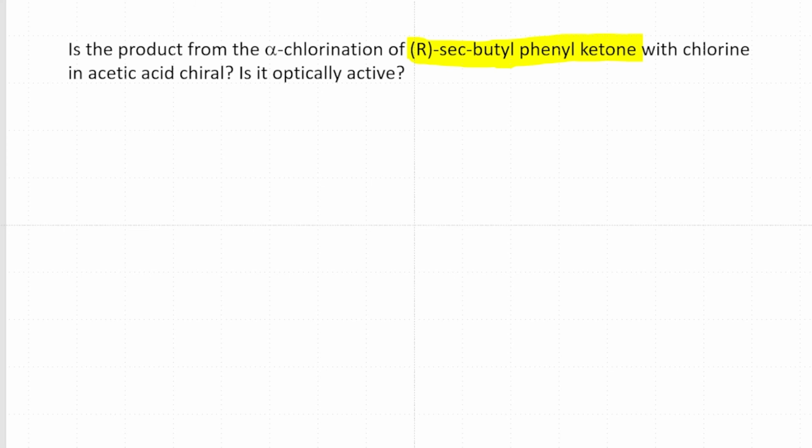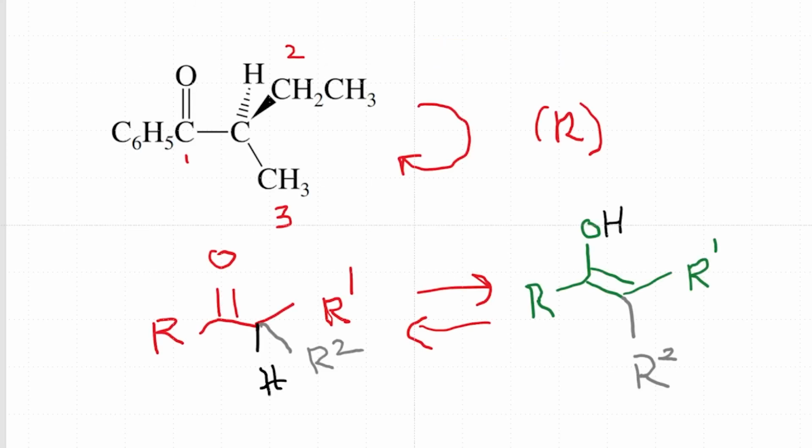So let me solve this problem now. This is the structure of the R isomer of this compound. Looking at the stereochemistry, hydrogen gets the least priority, the carbonyl gets priority number 1, the ethyl group gets priority number 2, and the methyl group gets priority number 3. So this is clockwise the way it's drawn, and therefore it is R stereochemistry.